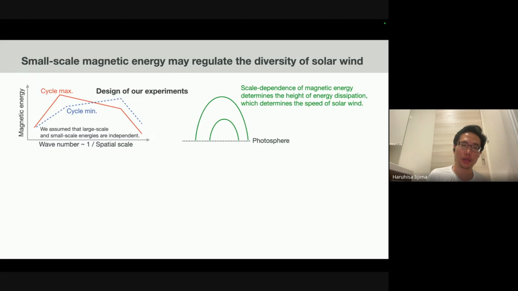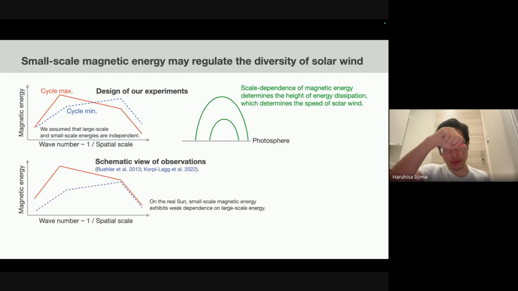And we assume that the large scale magnetic energy and the small scale magnetic energy are independent, and the small scale magnetic energy can be changed freely as an independent parameter.